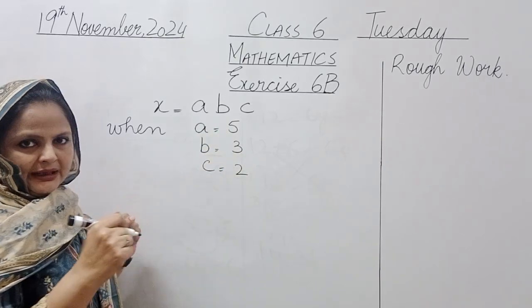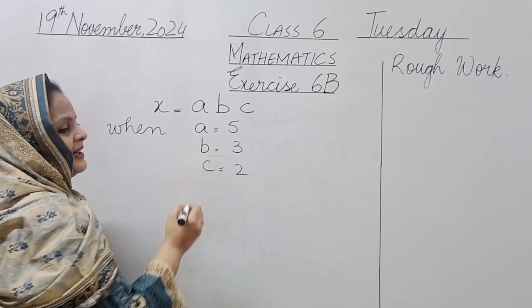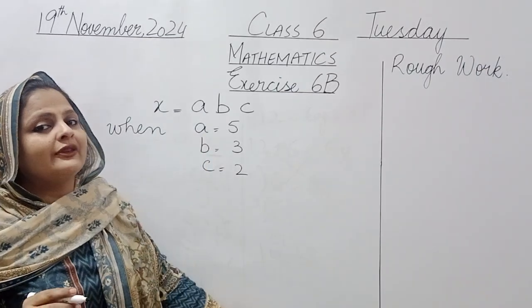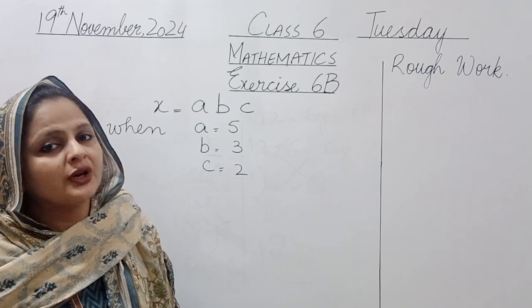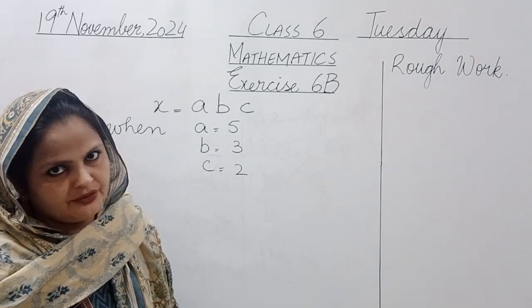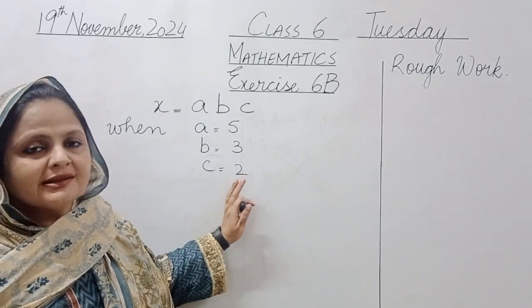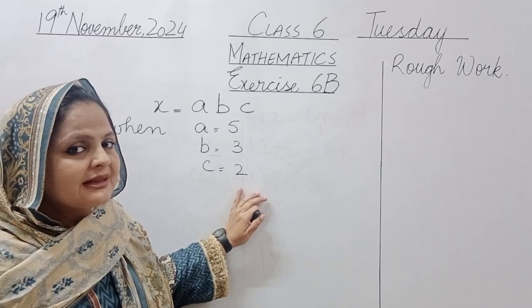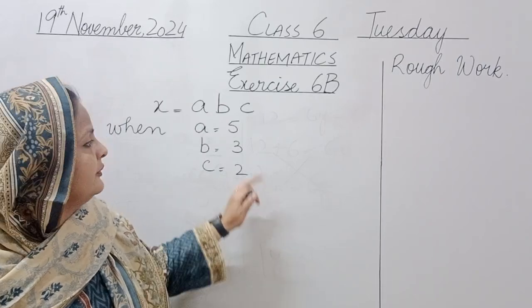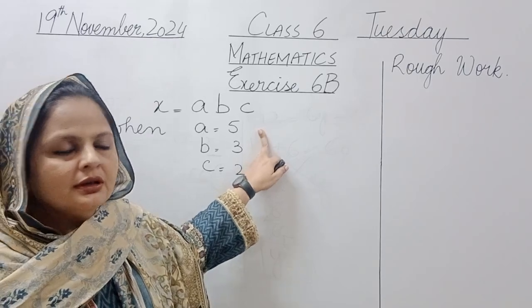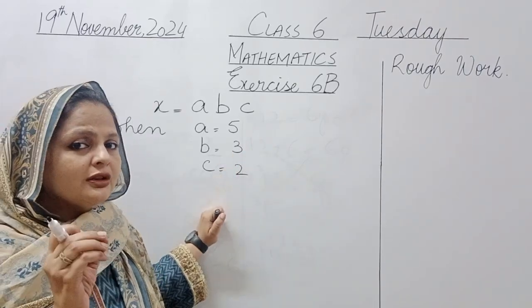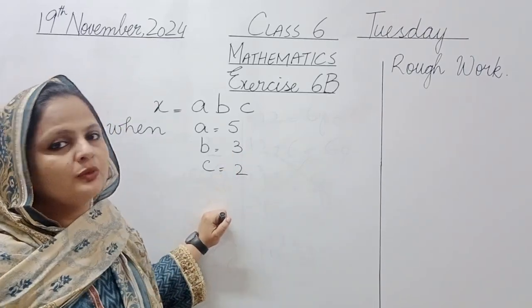I told you that day that these alphabets are the variables whose value can change. Variable is something which can change. Okay, and constant means that its value cannot change. 5 is a constant because you cannot say that 5 is equal to 2. 3 is a constant because you cannot say that value of 3 is equal to 1.